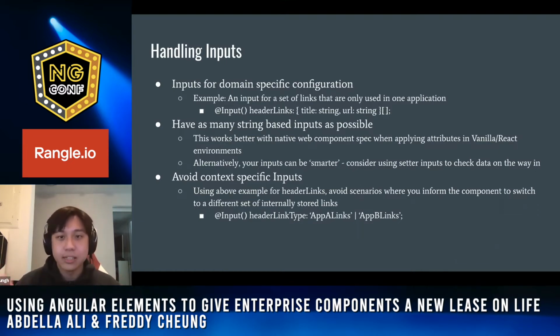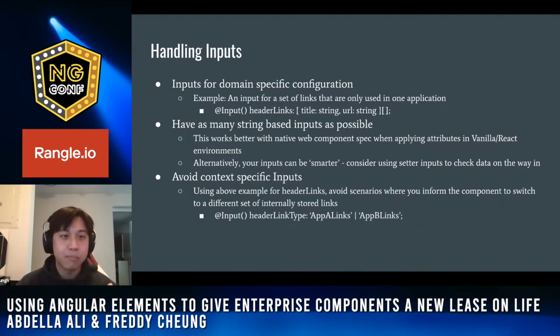For instance, we have app A and app B, and they will be consuming our header. App A wants a different set of links than app B. And that's normal. That's a real-life example that we've faced many times. But what we don't want is an additional input to drive that. Instead, we should just keep our first implementation with just one input, one contract, and change the content instead.